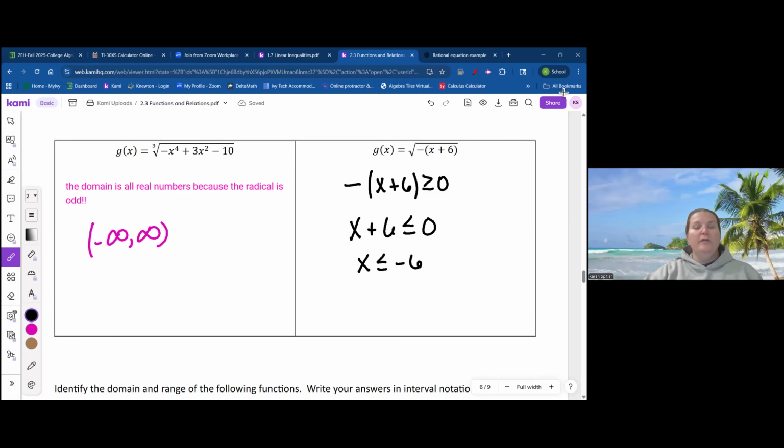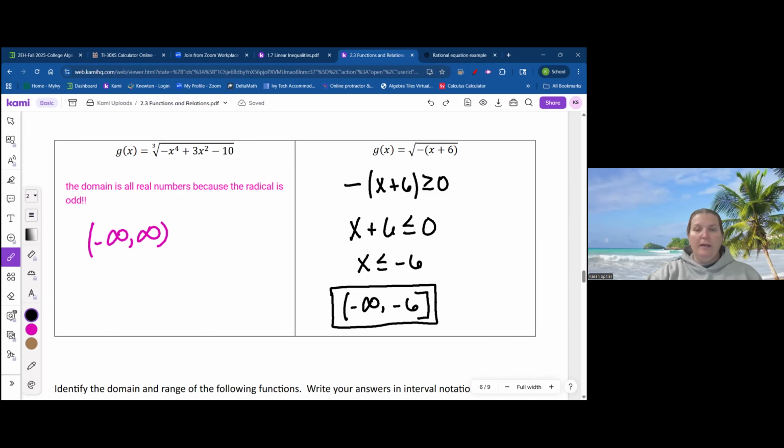So it's all real numbers less than or equal to -6, which is -infinity to -6. If you forgot to flip your sign, you would have gotten greater than -6. But don't forget, when dividing or multiplying by a negative, you have to flip that inequality symbol. Questions on the black one?